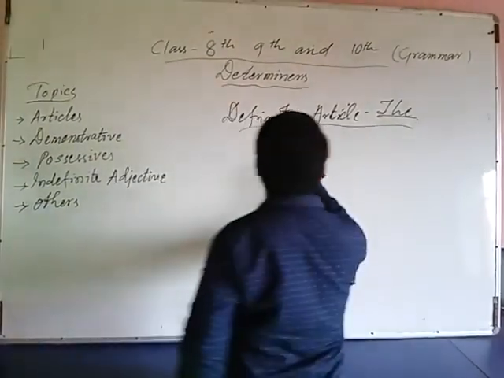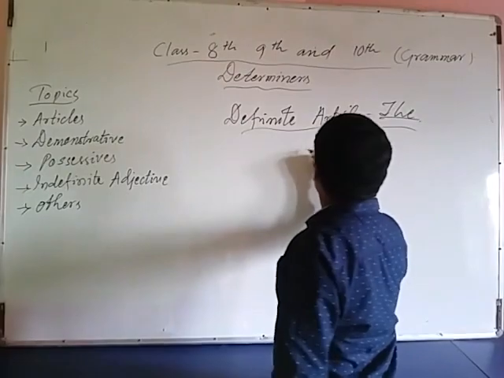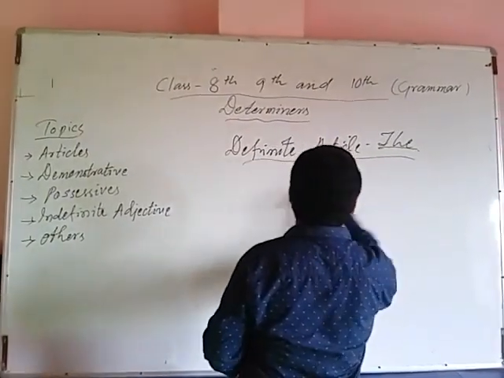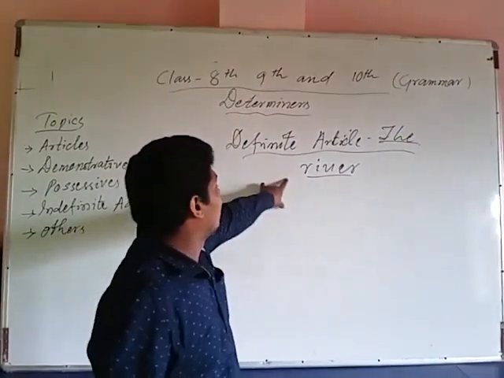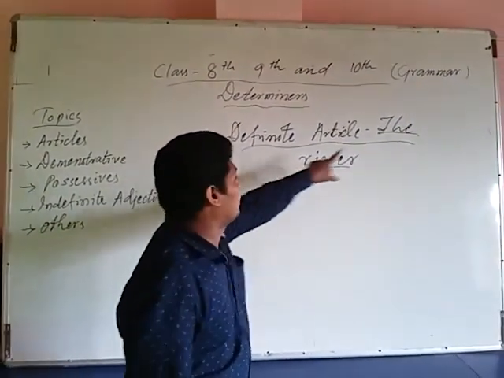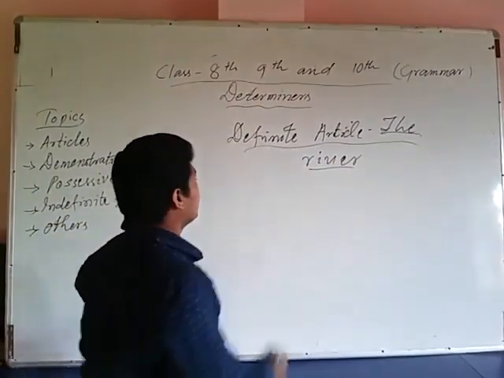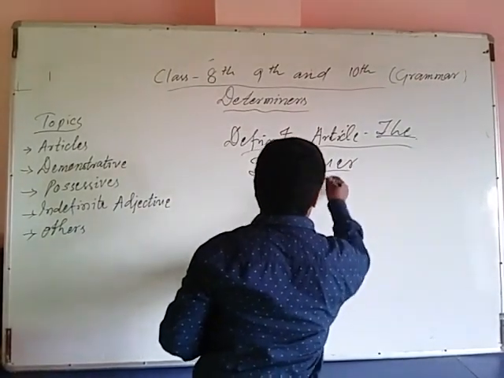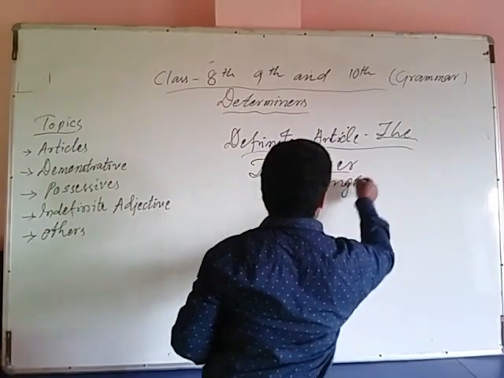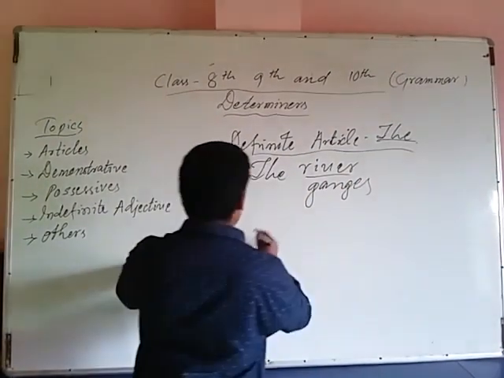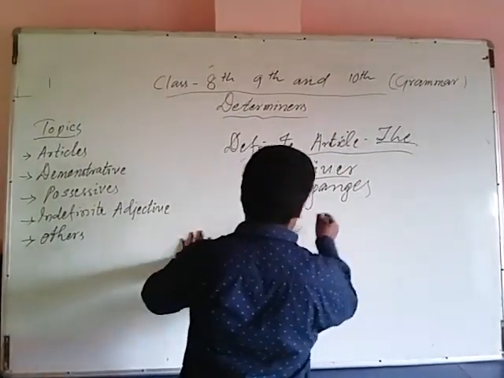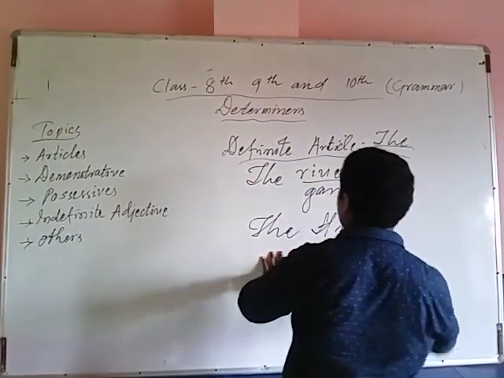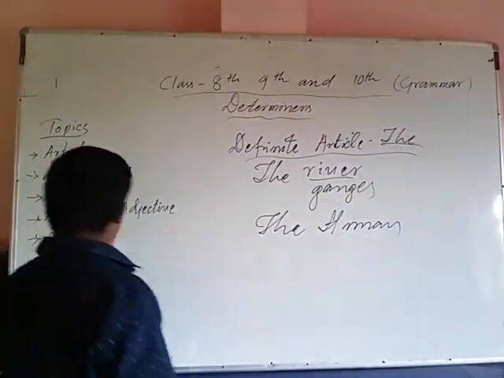As for rivers, we can define them with the definite article: the Ganges, and the mountains, the Aravalis or the Himalayas as well.